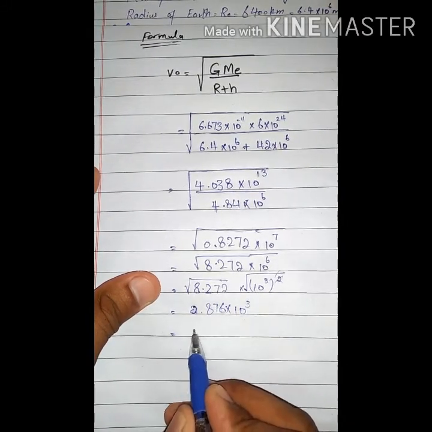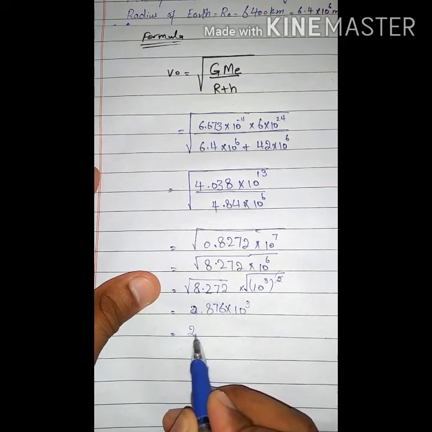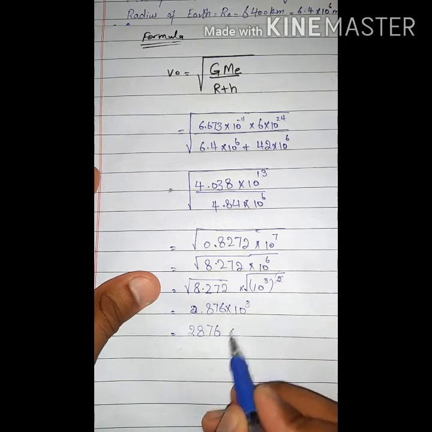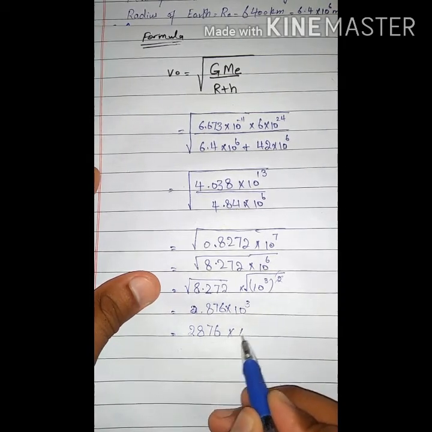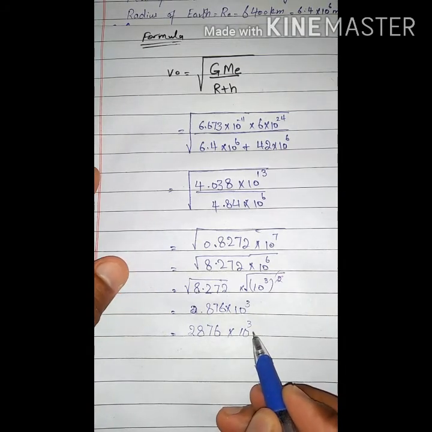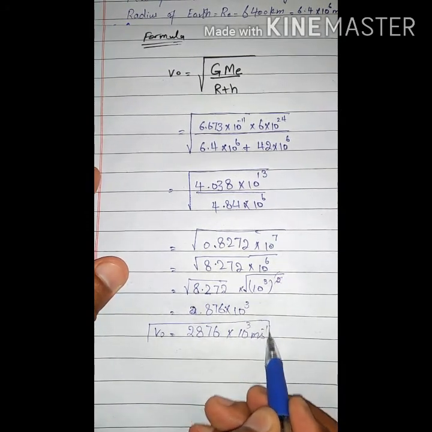So the exact value is 2.876 multiplied by 10 to the power 3 meters per second. That is the value of V naught.